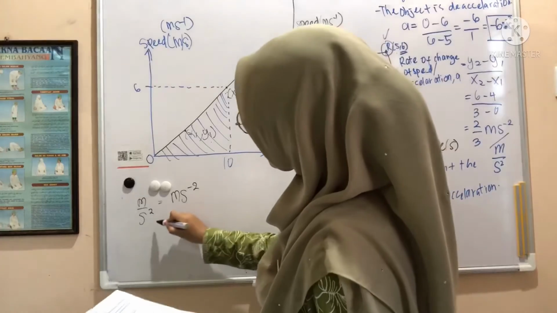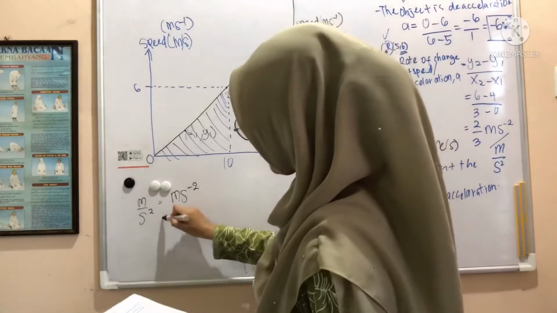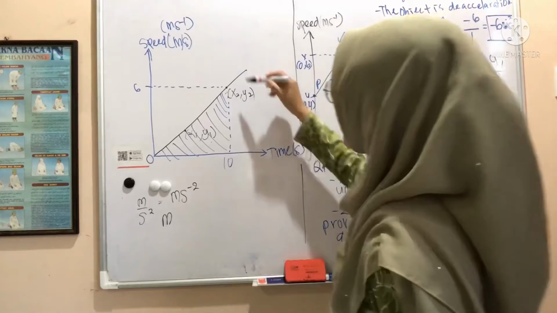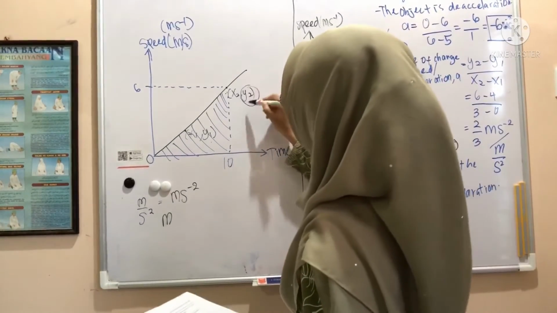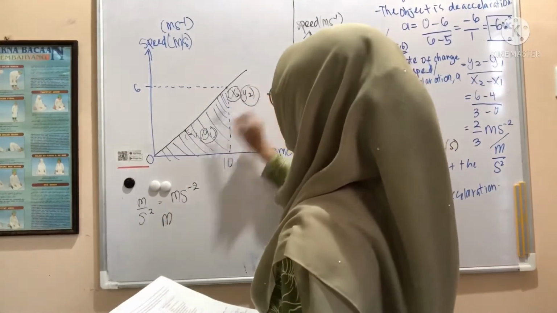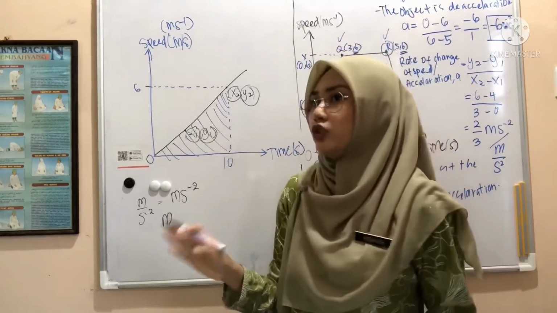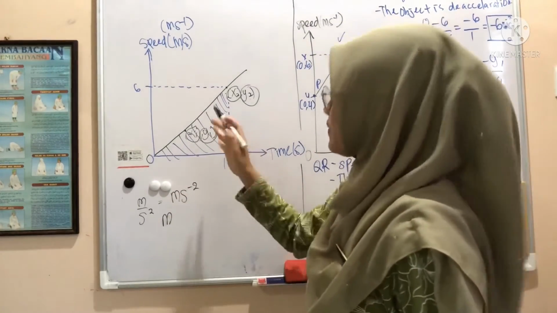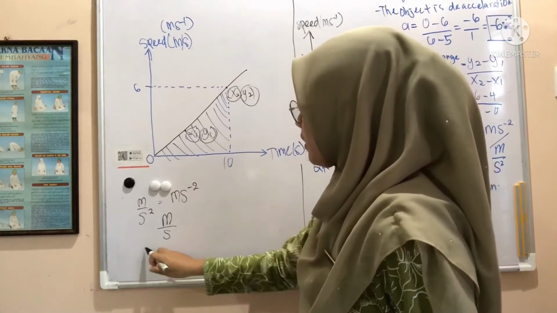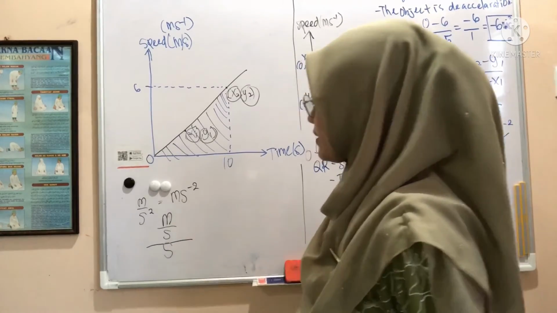So if we divide the speed by time, like we just used just now, y2 minus y1 is the speed, right? So x2 minus x1 is the time. So we can simplify it to the speed over time. So m/s over the time in unit s.